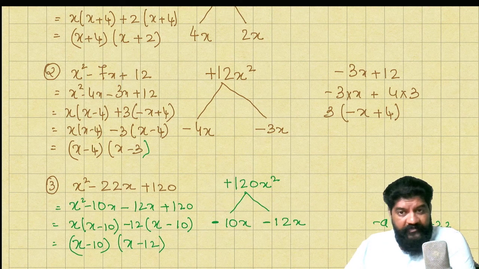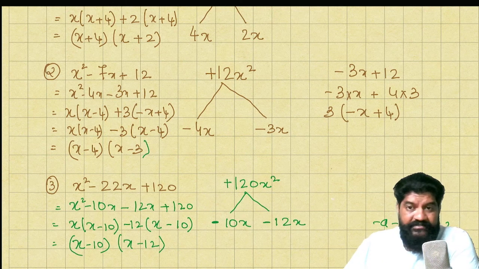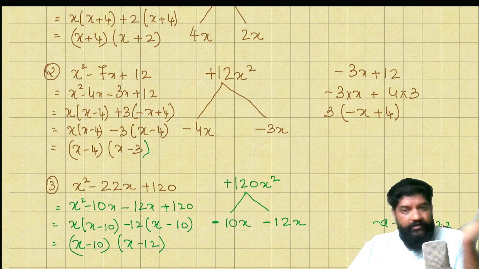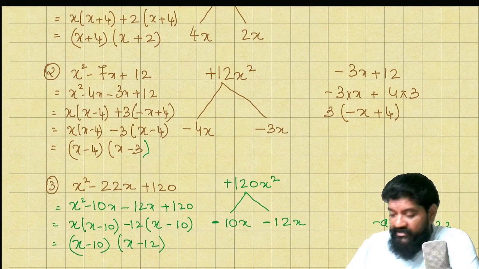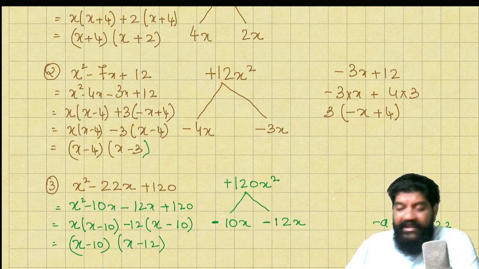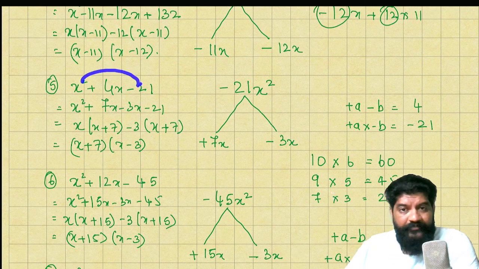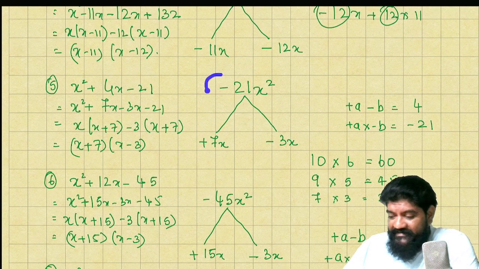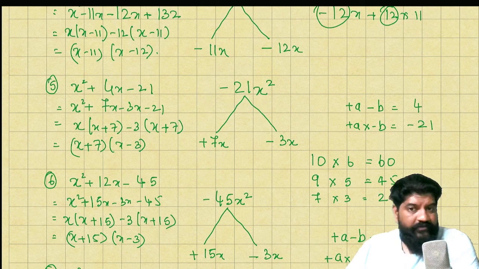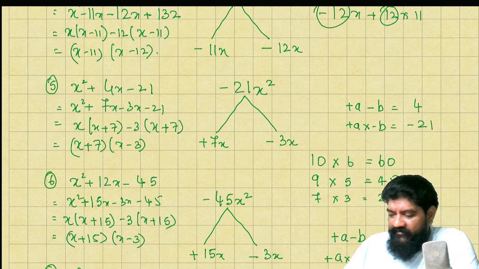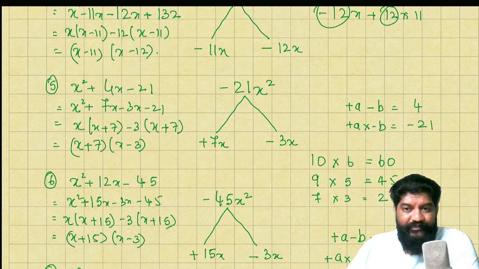A couple of mistakes that I have seen students doing for the past so many years that I've been teaching is they forget that they have to multiply the signs. When they multiply, they tend to write this as plus 21x squared, which means they're not going to get the factors. Even if they get the factors here, it's not going to sum up or subtract to be a minus 4.